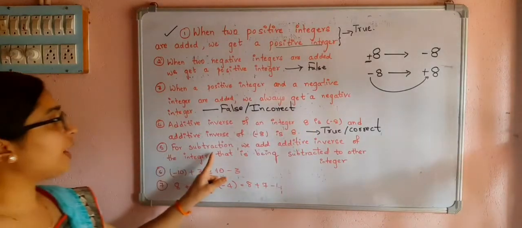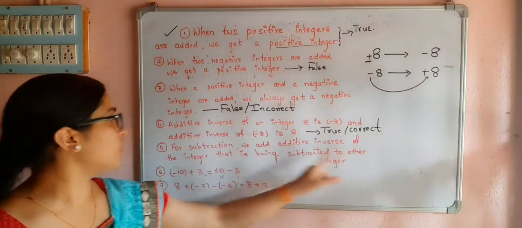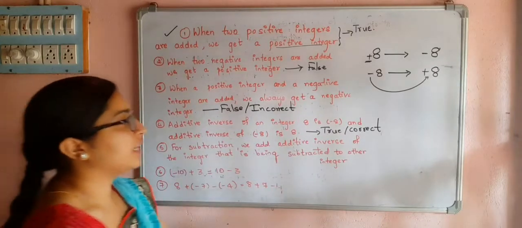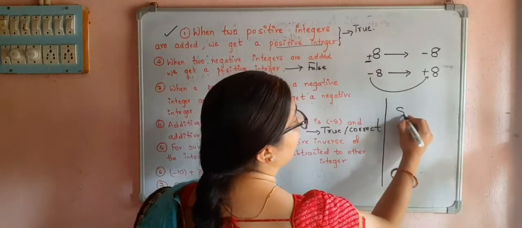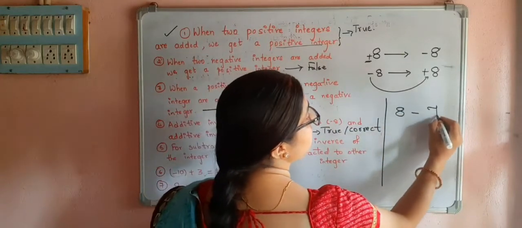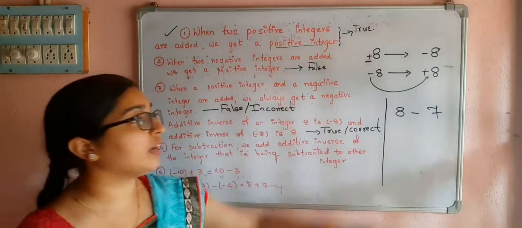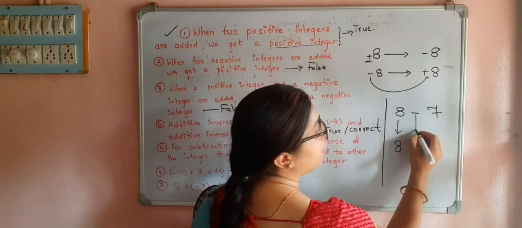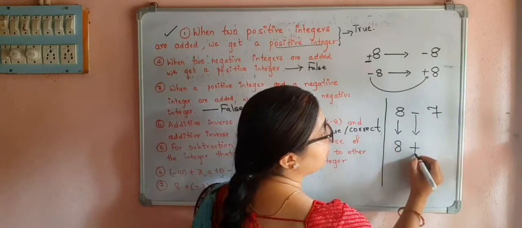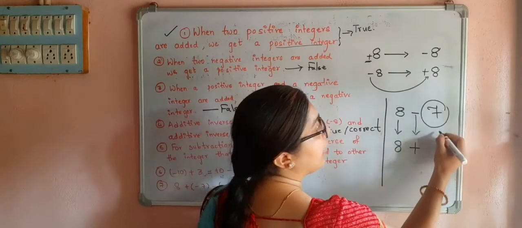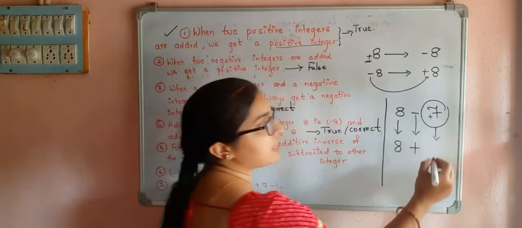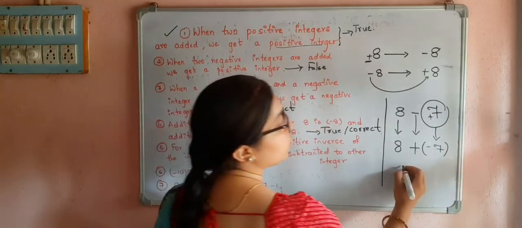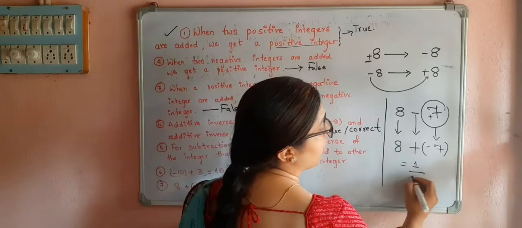Next, for subtraction, we add the additive inverse of the integer that is being subtracted to the other integer. For example, if you have 8 minus 7, I will take 8 and change the sign to plus, and this is my subtrahend. This is a positive 7. I will change the sign, so it becomes minus 7. So the answer is 1.